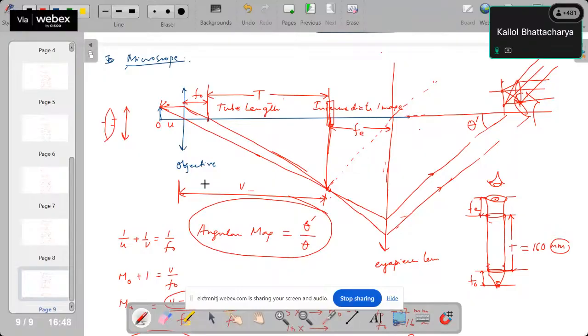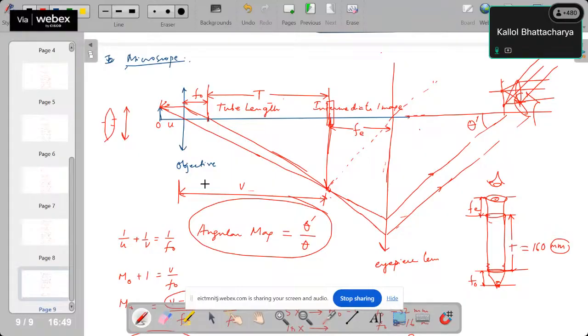So remember, the eye cannot magnify. Therefore, lateral magnification V by U in the case of the eye is immaterial. So we have to go for angular magnification. And what is angular magnification? It's basically a ratio. In the numerator is the angle which the tip of the object subtends with the aid of a visual instrument like a microscope.